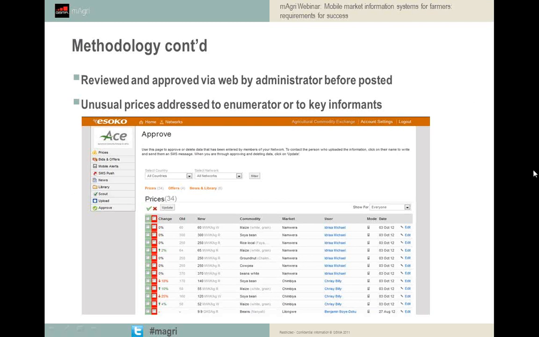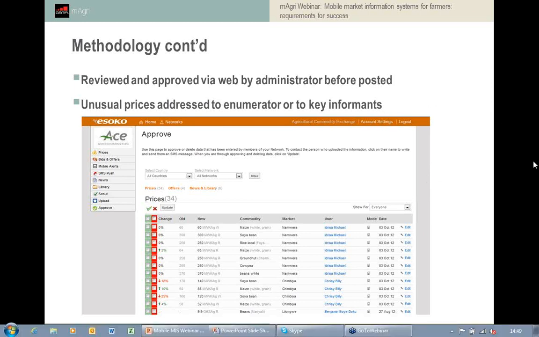So I think one consistent question is, how are you able to verify and be responsible for the accuracy of what you're reporting? And through Esoko, the methodology, the technology that's used, there is an approval screen. So after prices are uploaded, they are available on the web for approval before they're sent out.